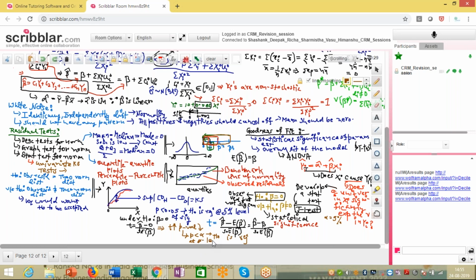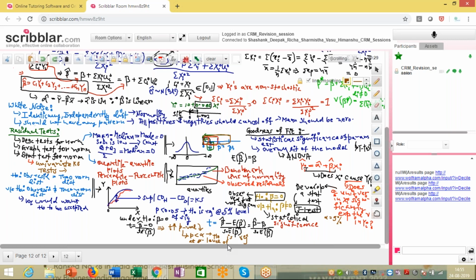Here P is the actual probability of committing the type 1 error in the model. And alpha is the benchmark level of committing the type 1 error.